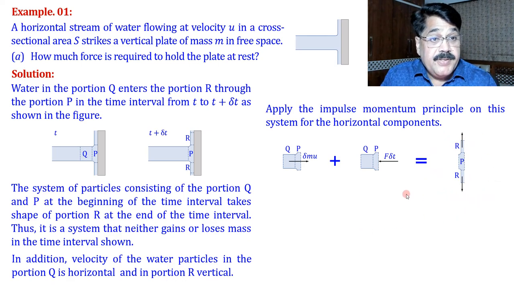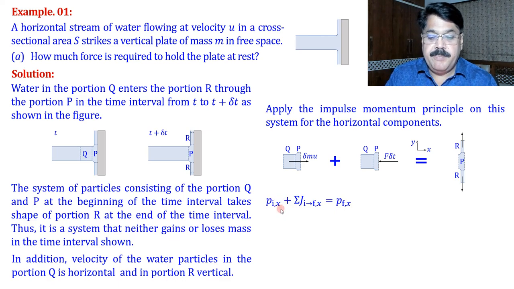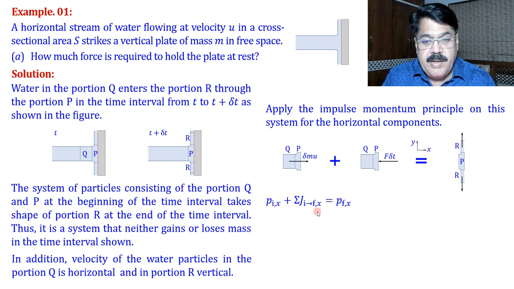So by representing the x direction as horizontal and the y direction as vertical, we can write the x component impulse momentum equation. What is that? P_ix plus the summation of impulse of F_x is equal to P_fx. Here this is the initial x component of momentum, this is the total impulse of horizontal forces, and this is the final x component, or final horizontal momentum.